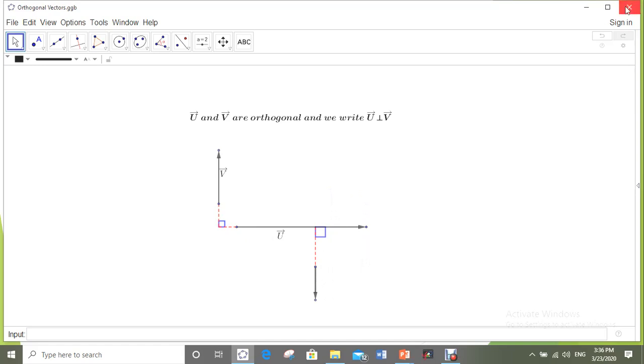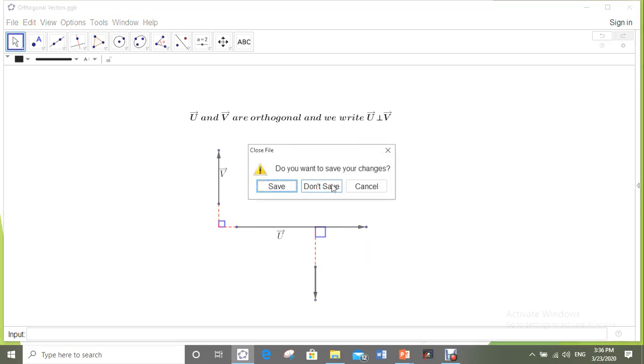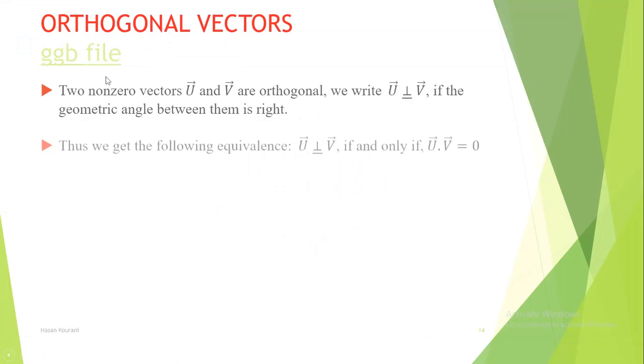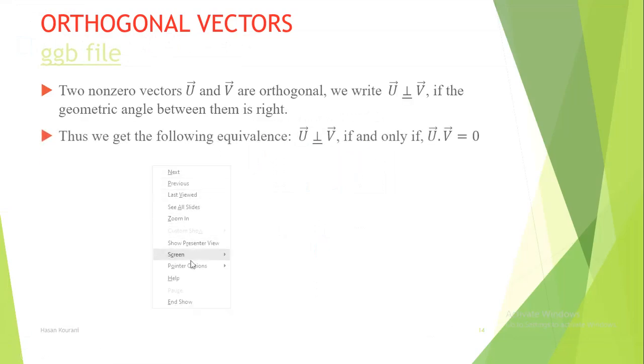Okay, I think it's very clear to you that two non-zero vectors u and v are orthogonal, and we write this symbol as perpendicular with a little dash under it. This symbol is used for the orthogonality of two vectors if the geometric angle between them is right, or 90 degrees.